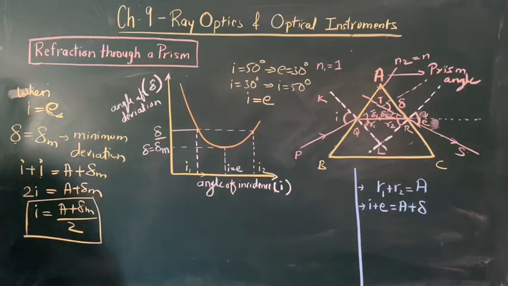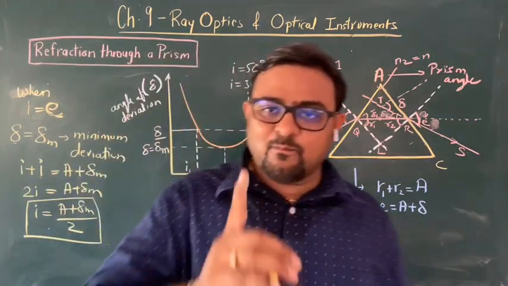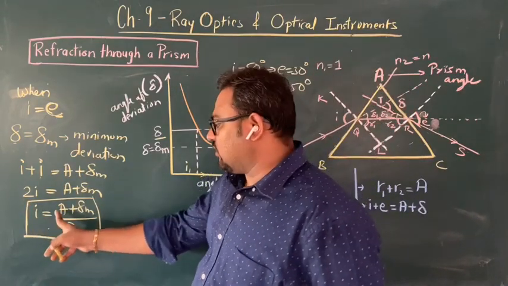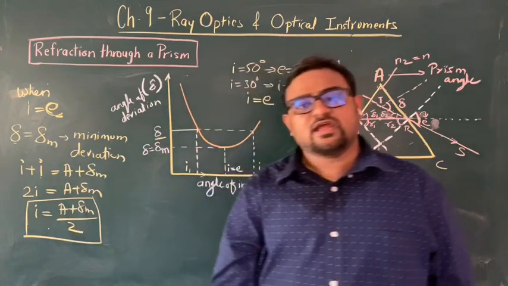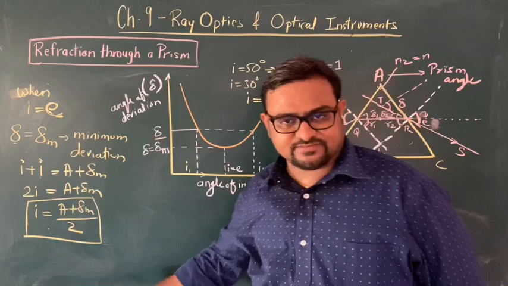Okay, this is also an important equation. When the deviation is minimum, at that time the angle of incidence will be equal to A plus delta M by 2. Clear? So second, now note down this.